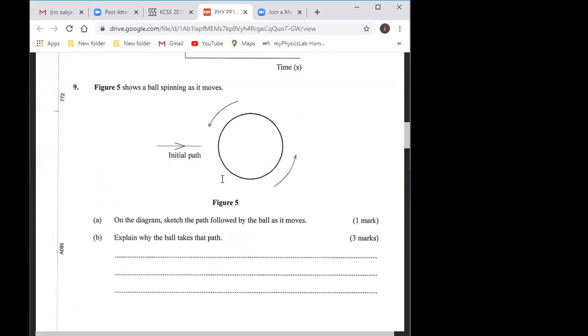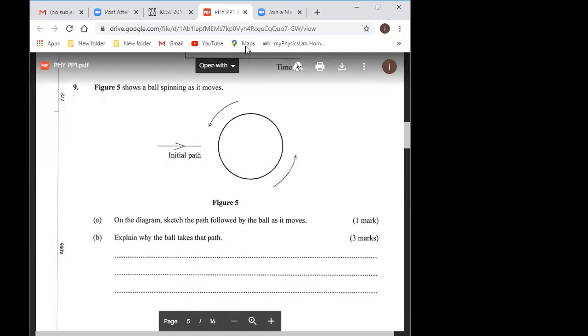Is this ball going to move upwards or downwards as it is spinning? Yes, Ami Moshiri? Upwards. So it is going to move upwards. Therefore, the direction of movement is going to be this way. That is the path followed, and you get 1 mark.